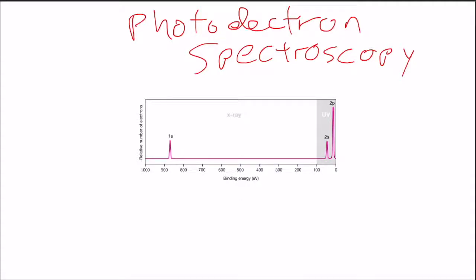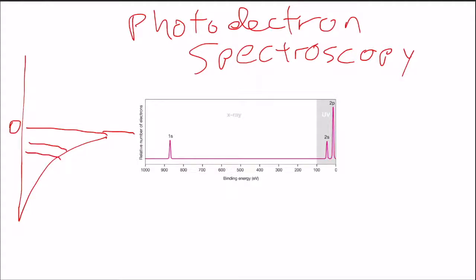If you want to learn more about photoelectron spectroscopy, there are a number of very good websites that explain how the instrument works and so on. The point is, as we were saying earlier, we have our Coulomb potential. In the case of an atom, this would be 0 energy. And then we would have the 2p and the 2s orbitals and the 1s orbital.